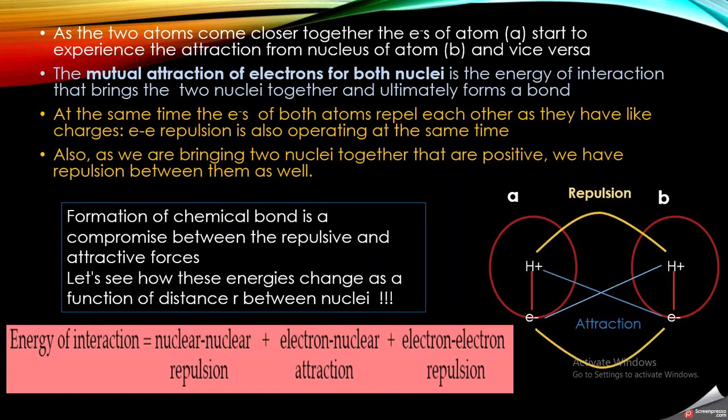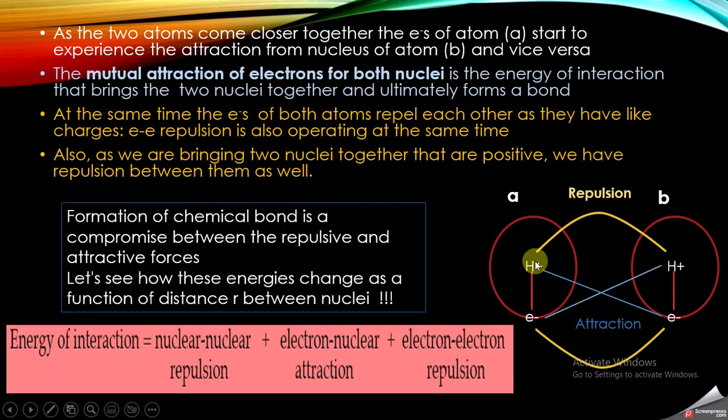In the bond formation, the electron of atom A, which is this one, will start to experience the force of attraction from the nucleus of hydrogen atom B, as represented by this blue line, and similarly the electron of hydrogen atom B will also be attracted to the positively charged center of hydrogen atom A.